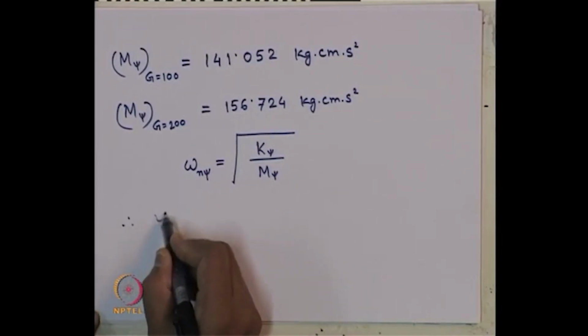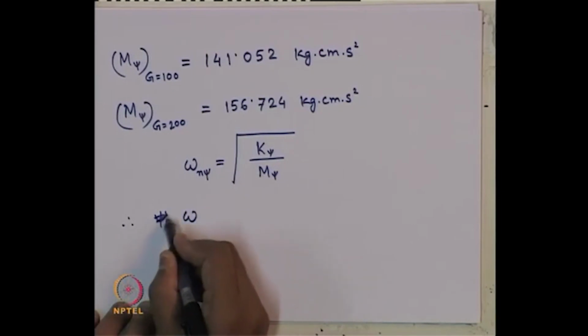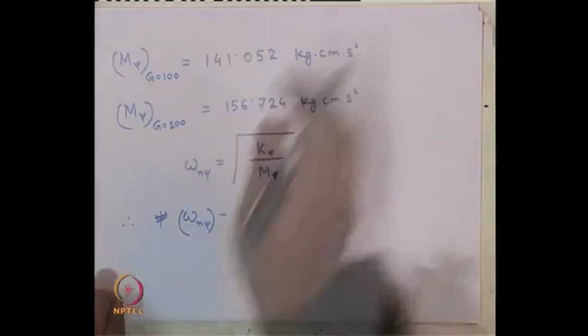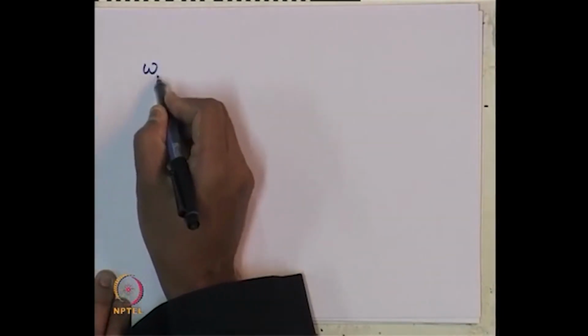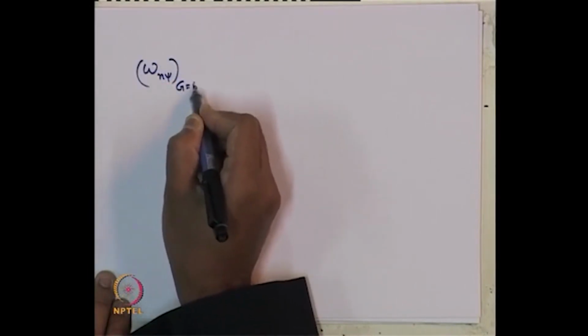Therefore, let us compute omega n psi for first type of soil, that is G equals 50.